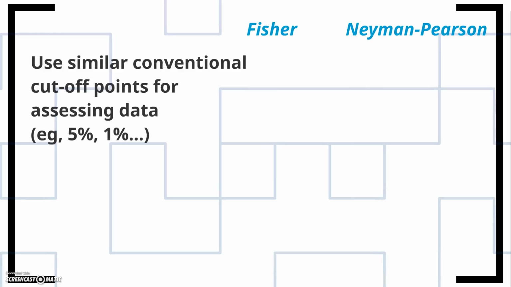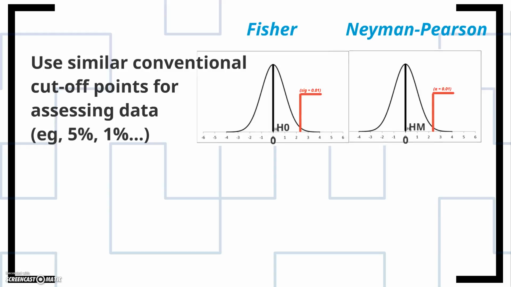Do they use similar conventional cutoff points for assessing data, for example 5%, 1%? And we see that Fisher uses the level of significance, for example 1%, to assess the strength of the evidence, and Neyman and Pearson may use also an alpha level of 1% to assess the research data as well.